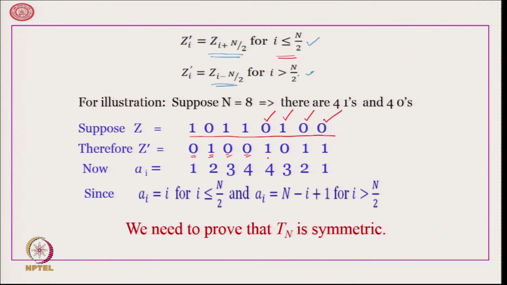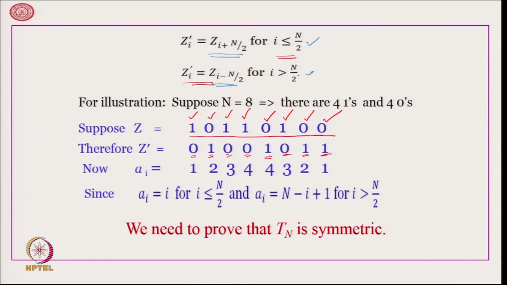For i greater than n by 2, that means for 5, 6, 7, 8, the relationship is z_i prime is getting the value of z_(i minus n by 2). Therefore, z_5 prime is getting the value of z_1, z_6 prime is getting the value of z_2, z_7 prime is getting the value of z_3, and z_8 prime is getting the value of z_4.